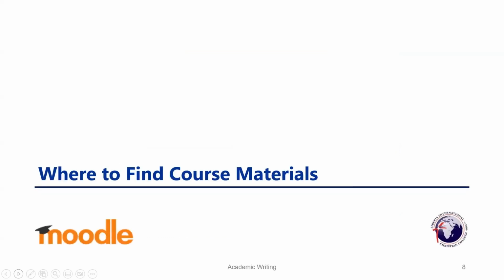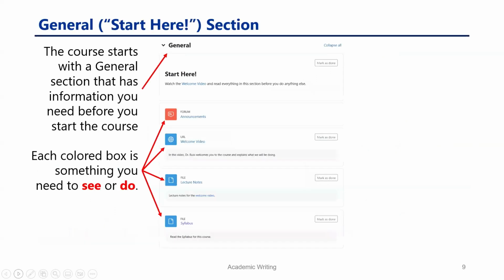Let's talk about where to find course materials when you're doing blended learning. We're doing this course using the Moodle Learning Management System. And when you enter your course, the first thing you'll see is a section called General at the very top.